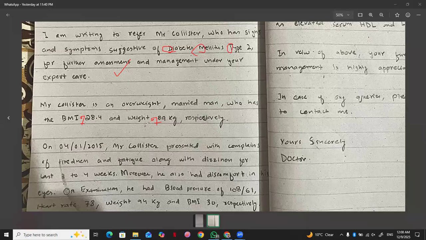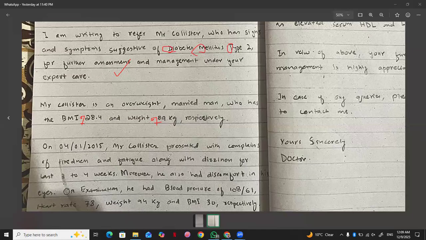You don't need to write both things, because both are similar things. You're just trying to tell the reader whether the patient is obese or not, right? So BMI will tell whether the patient is obese or not, and so does the weight. So you can write one thing.